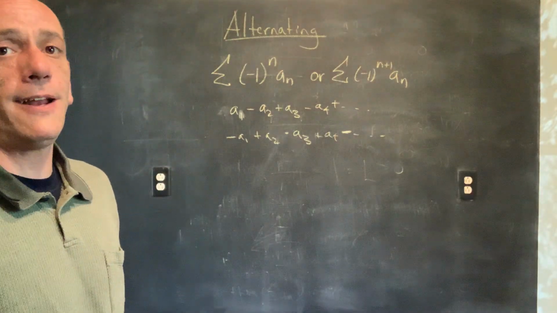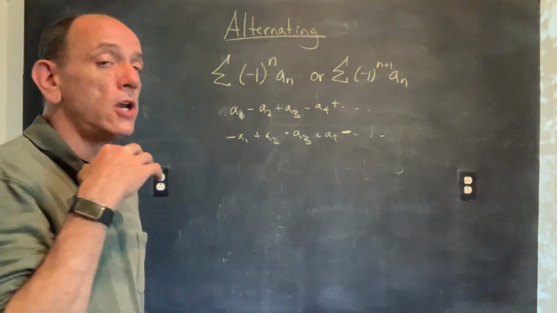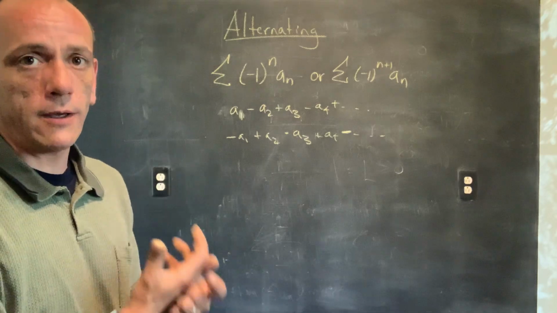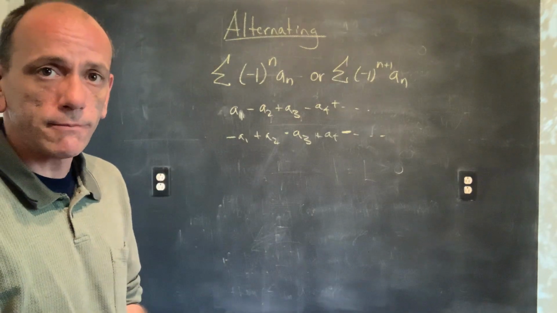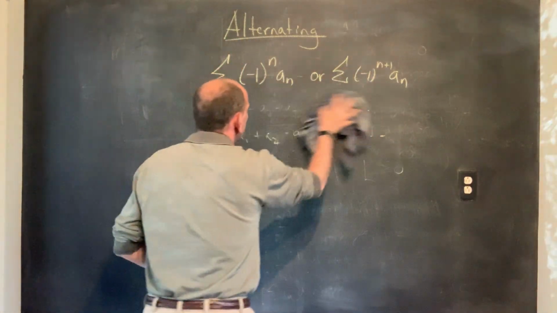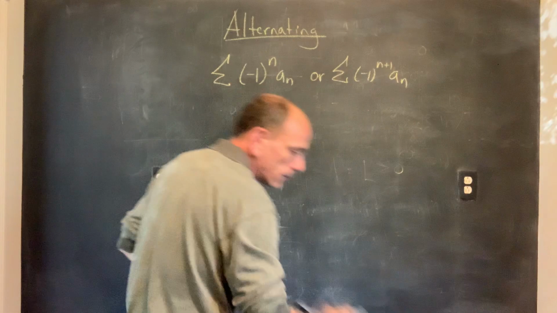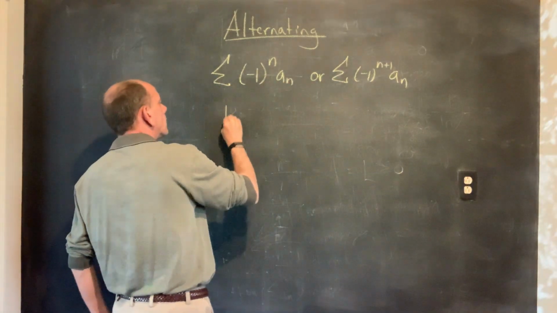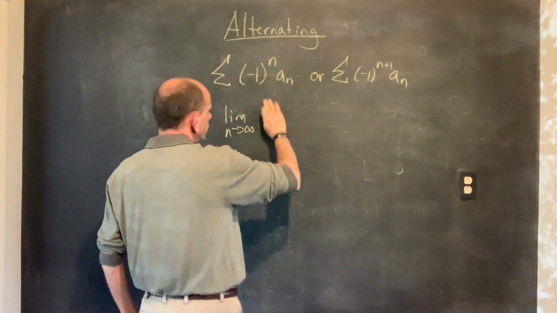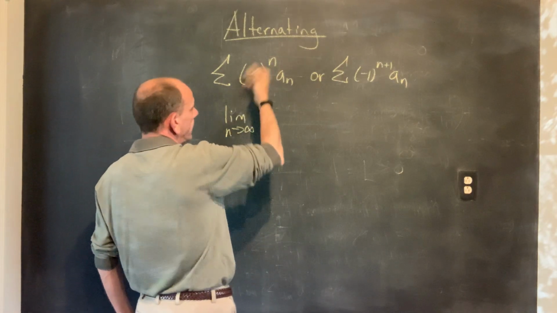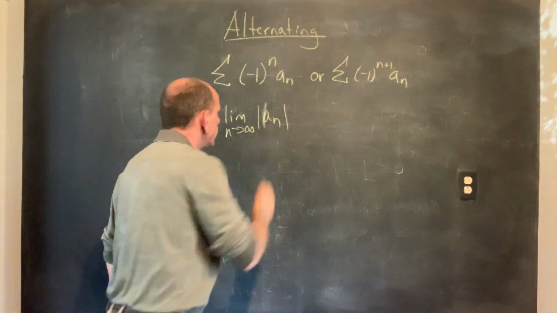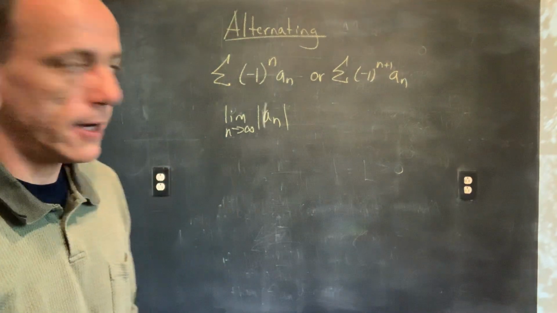Alternating series are really nice in that it's enough for the terms to be getting less and less to 0. All right? So that's all we need to show for alternating series: the limit as n goes to infinity of the absolute value of a sub n.